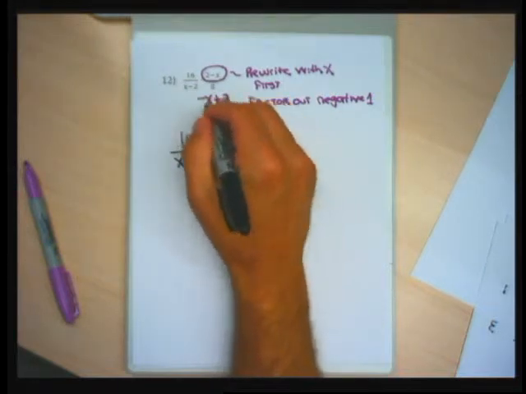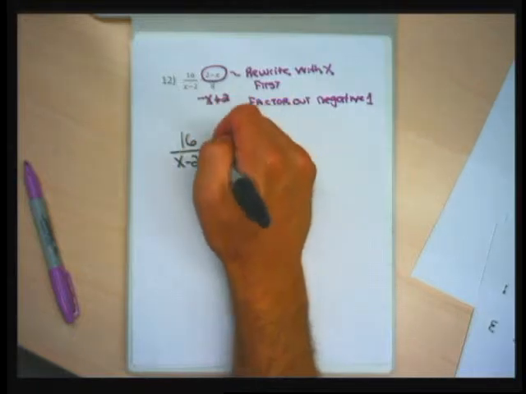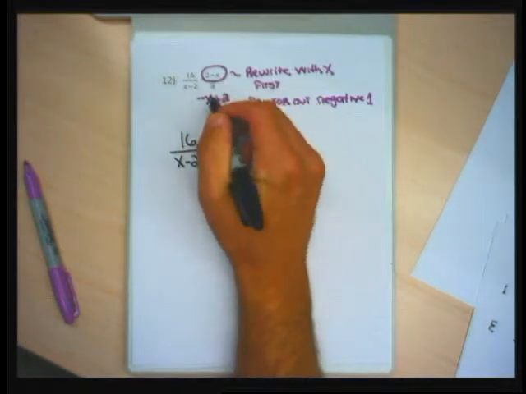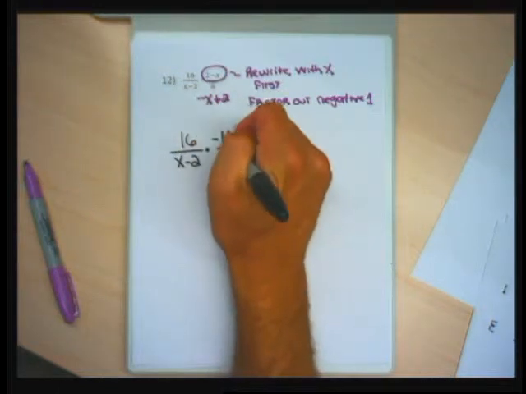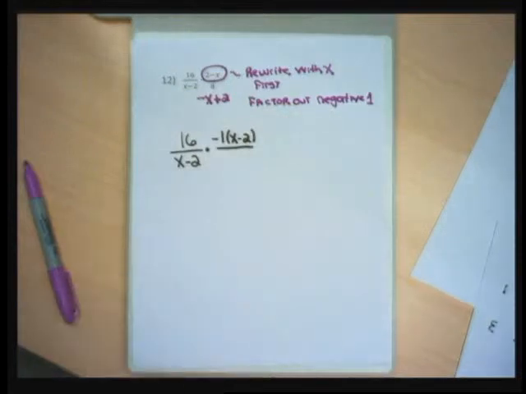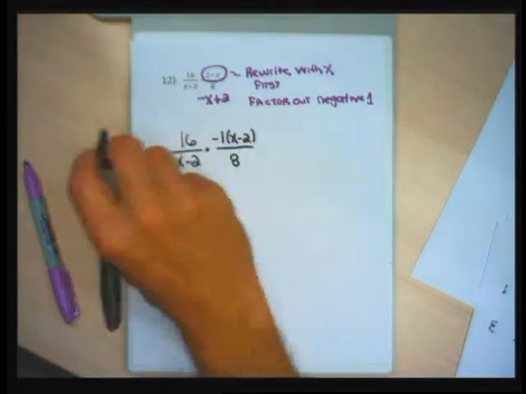So negative x plus 2 has the nice order, but it has a negative in front of the x, so I'm going to factor out a negative 1. When I factor out a negative 1, the negative x turns to a positive x, the positive 2 turns to a negative 2. So that's the work that just needs to be done in order to be able to cancel the terms that have the minus. The 8, that's a single 8, it's just going to stay a single 8.